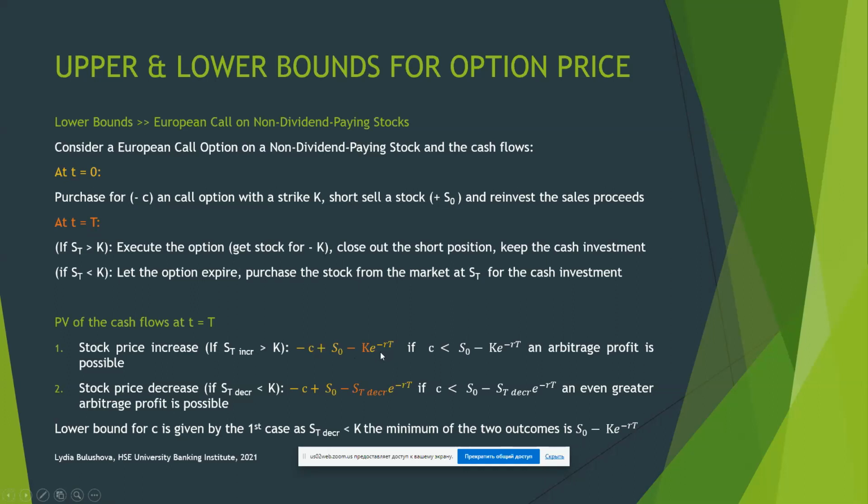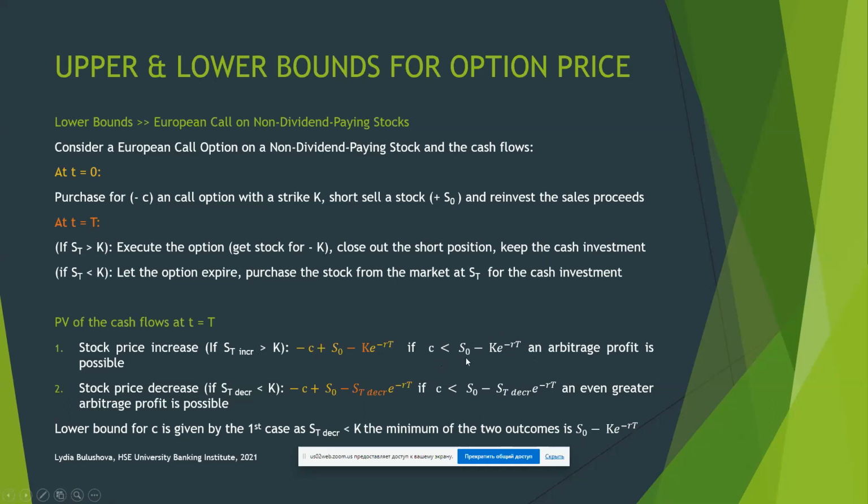So if a call option premium is less than the difference of proceeds from short selling and this amount of money that exercising an option generates, if the premium is less than this amount of money, the arbitrage profit is possible.